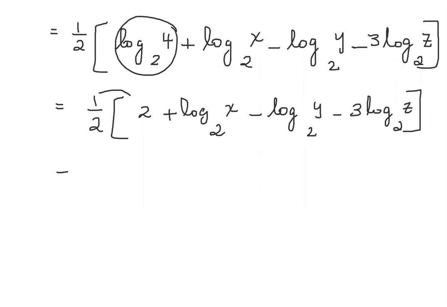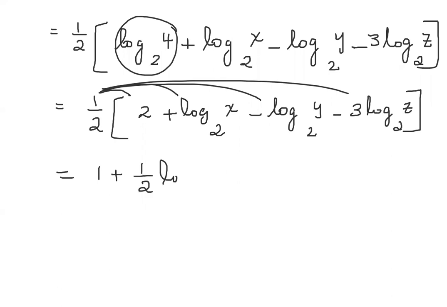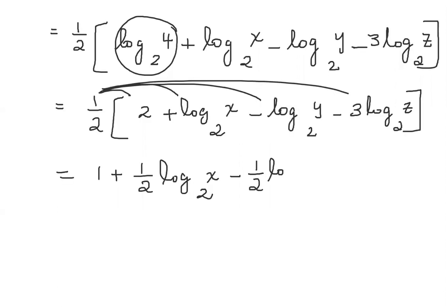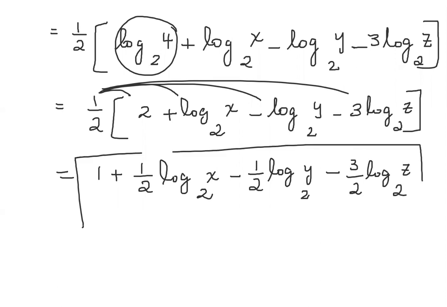So now we can distribute the half for each one of them. So we get 1/2 times 2 is 1 plus 1/2 log x to the base 2 minus 3/2 log z to the base 2. So this is the answer.